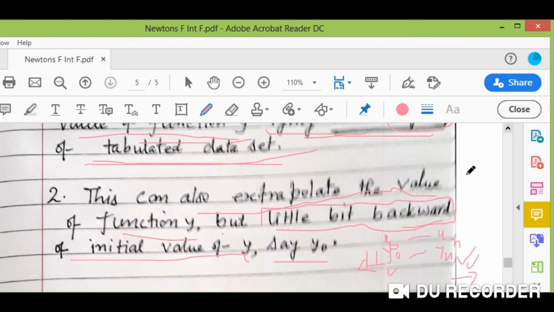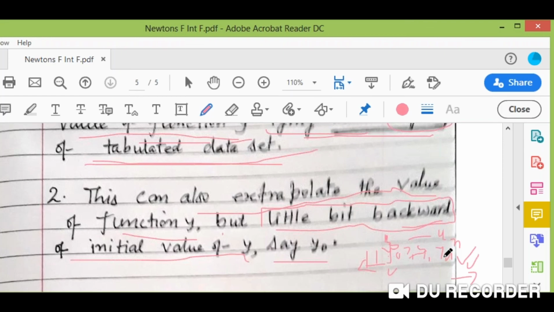Similarly, in the case of interpolation, around y1 and y2 you can interpolate. Suppose there are terms y0, y1, y2, y3, y4, y5, that's all. Near y4 and y5 you cannot interpolate.